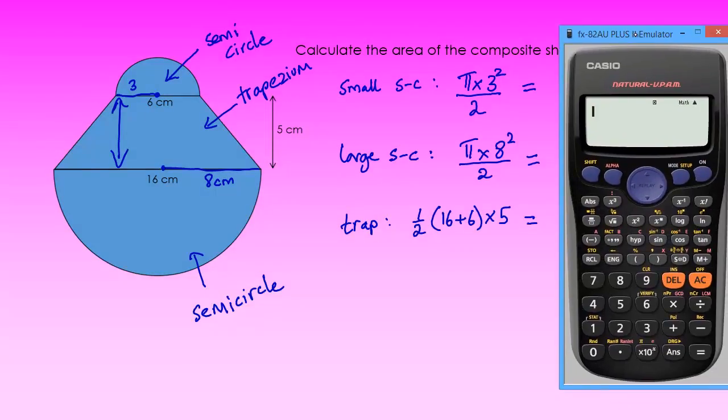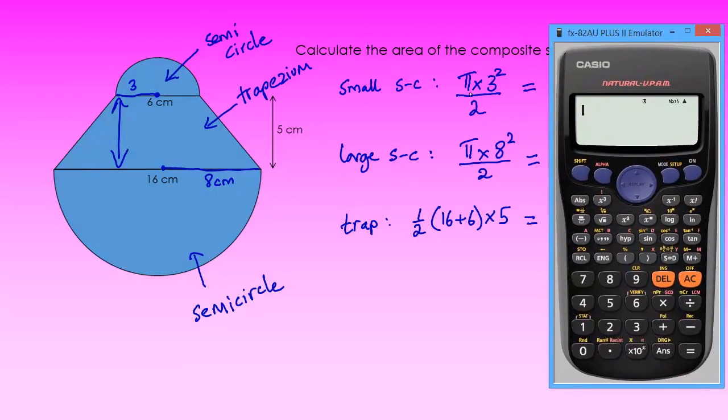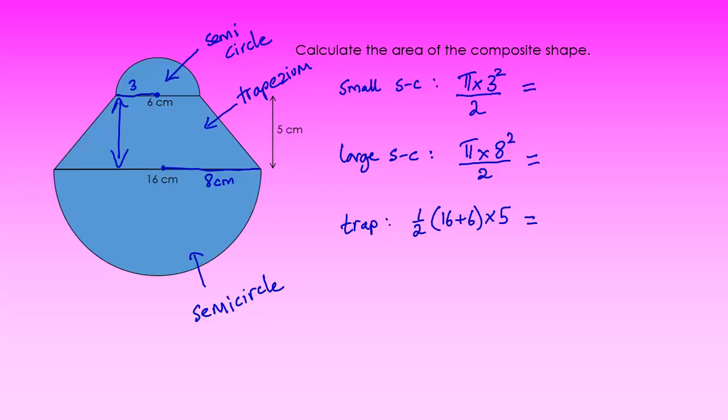So we just need to calculate. I'm going to make the calculation look exactly like it does here. So I'm going to use a fraction template. And I'm going to do pi times 3 squared, divide that by 2, that's 14.137 and so on.